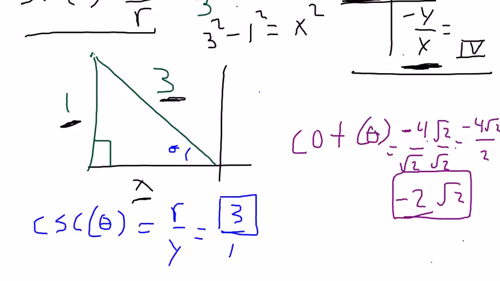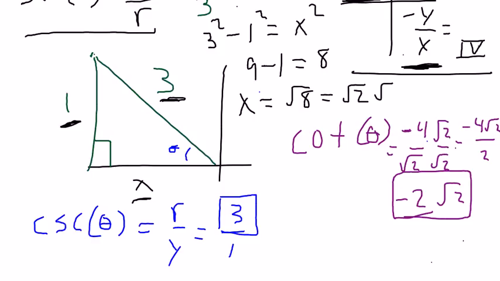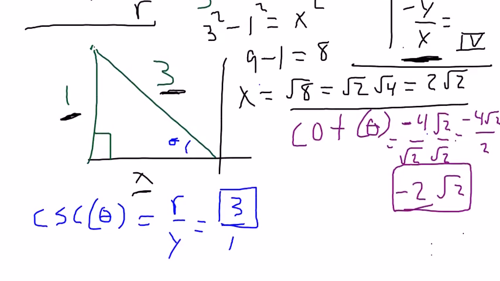So 9 minus 1 equals 8. So my x value equals the square root of 8, which is the square root of 2 times the square root of 4, which reduces to 2 square root of 2. So x is 2 square root of 2.